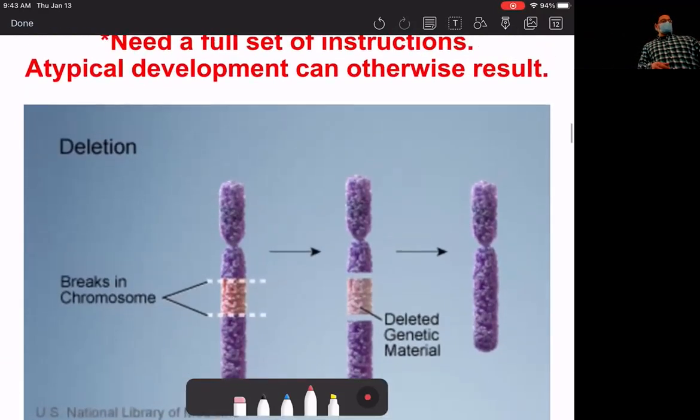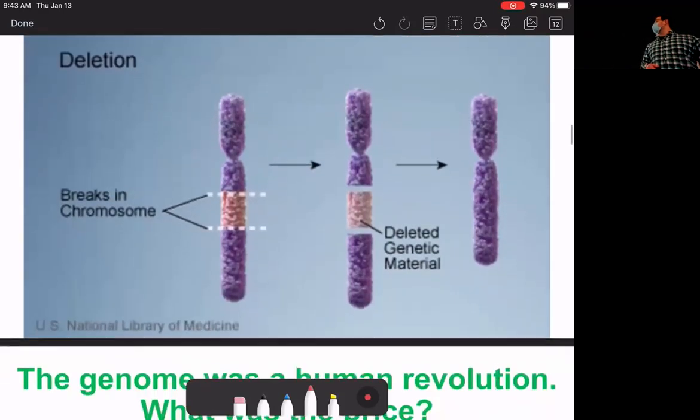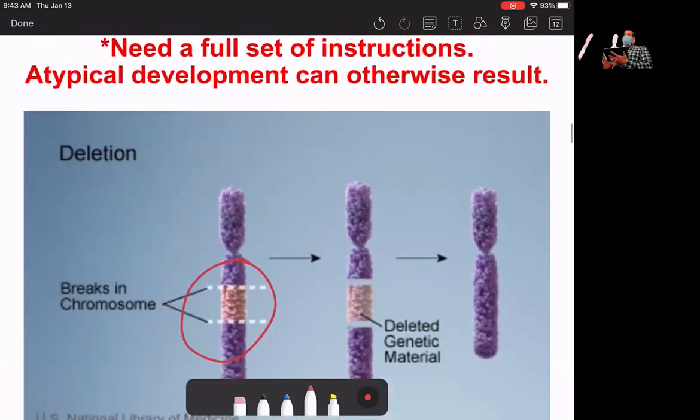In a chromosome, if you lose a big giant region right here, see that? If you lose this region, it looks small right there. Let's say this is a chromosome. Chromosomes go in size: 1 is the biggest, 22 is the smallest.